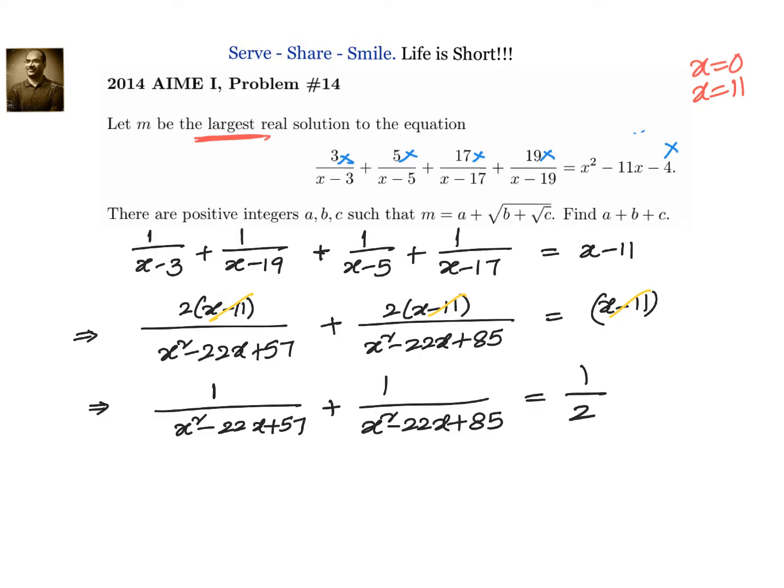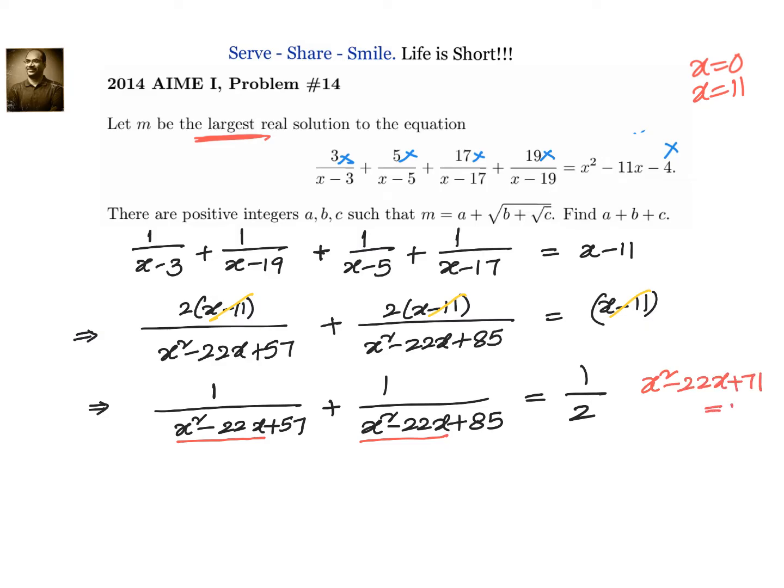Now we will do one appropriate substitution in such a way that we can make this into a quadratic equation. For that, if you observe, x square minus 22x is common, also plus 57 plus 85. So I will take x square minus 22x plus 71 as y.